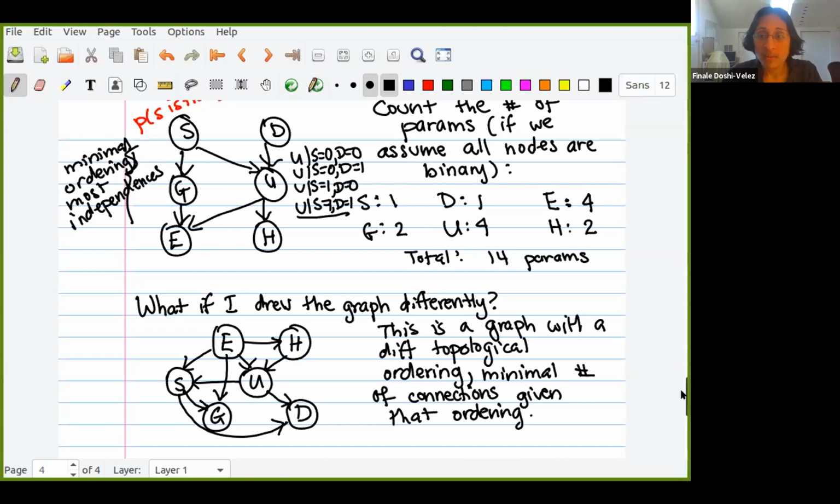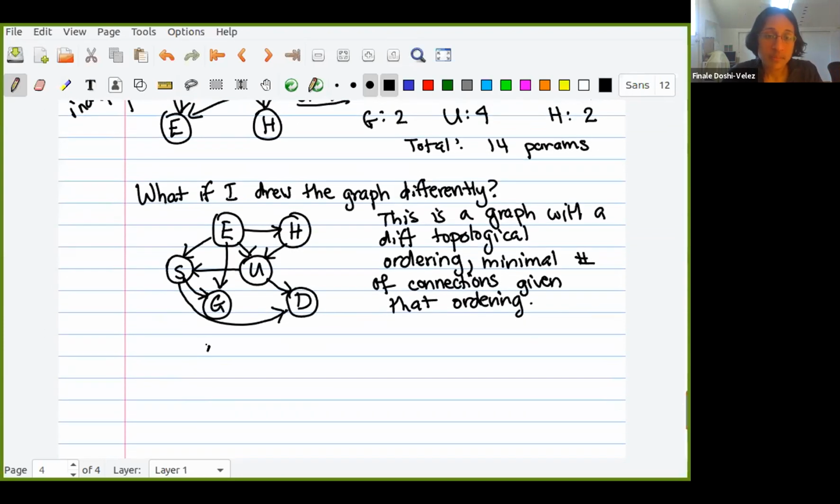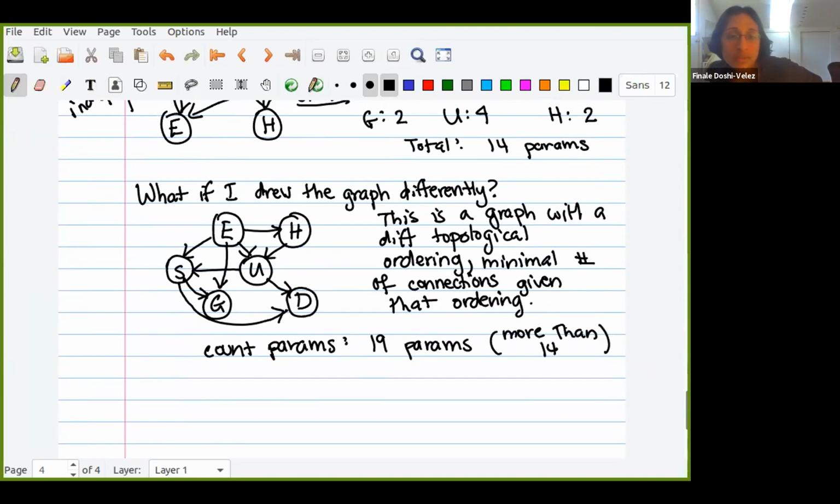And in fact, if I count parameters in the same way as above, I'll get 19 parameters, which is more than the 14. So what this is saying is that if you choose the wrong ordering, then your graph is going to end up having to be more complicated, right?